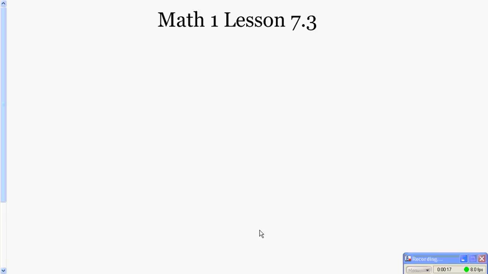Now 7.3 talks about two major formulas. The first one is circumference. So again, I'll write this out for you as you go, or type it out, and you can follow along.